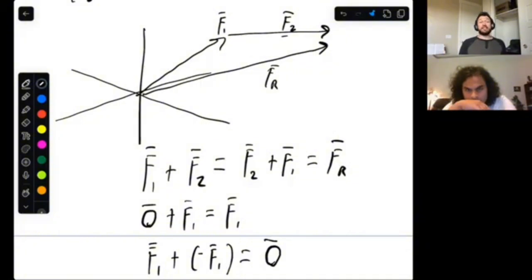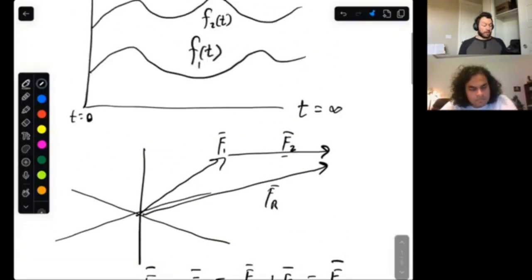And so I'm calling these physical vectors because they're real physical properties. In contrast, in linear algebra, I'm going to call these things abstract vectors. Okay. They're different from physical vectors, but they share some of the same properties.